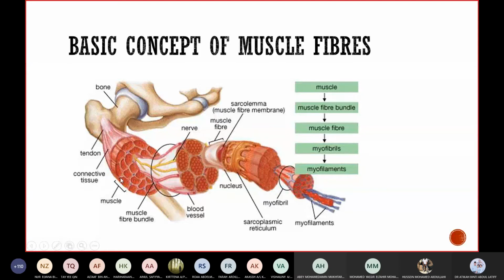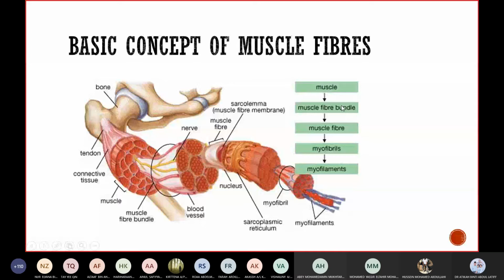So if we take one section and you do a cross section or a cut through the muscle here, you will find that it is made of many muscle fiber bundles. Okay, so the muscle is not just made of many cells, but it is made of layers and layers and layers of cells. So if you cut a muscle, you will find many muscle fiber bundles.